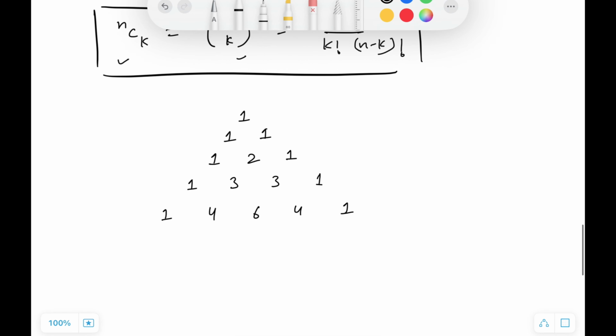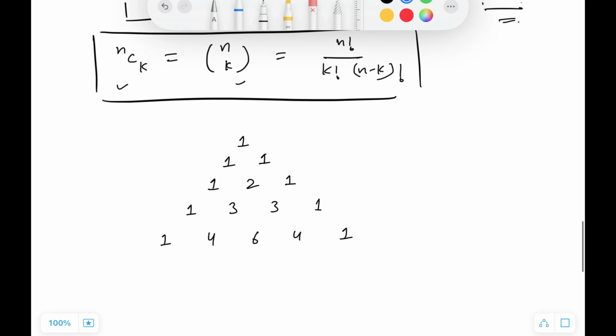Okay. If it is not clear, I will explain it with an example. Let's say we are talking about 3C2. So what is this 3? We are mapping it to NCK. N is the nth row. And rows are starting from 0: 0, 1, 2, 3, 4.